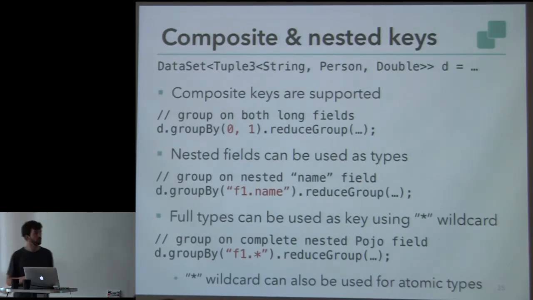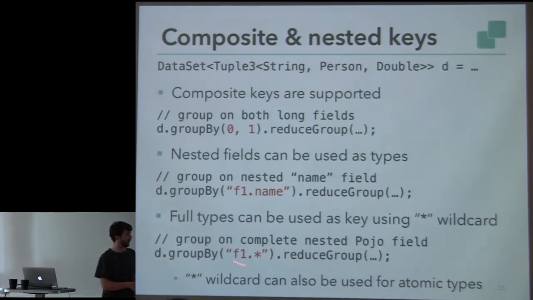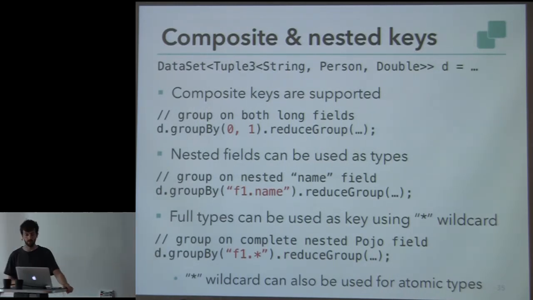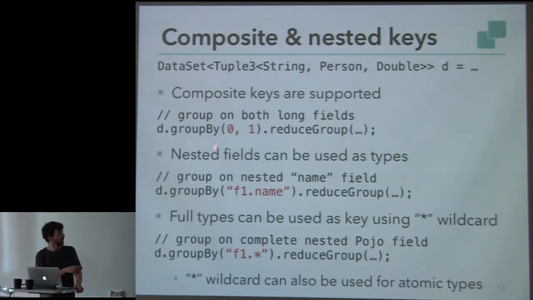It's also possible to select nested fields as keys for grouping, and also select multiple fields from an object. We already saw in the exercise that you can group on several keys.